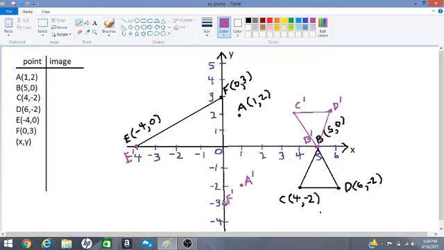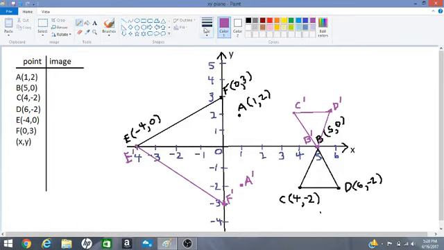Okay, falling on this point. So let's connect these points with a straight line segment. So we have reflected EF in the x-axis to give us this purple image, E prime, F prime.